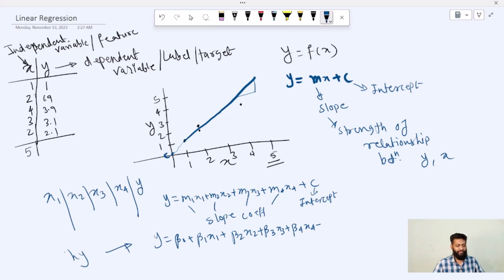This is the equation of a hyperplane. Whenever we have so many dimensions, it will form a hyperplane. But in this case we are assuming that there is a linear relationship between the independent variables and the dependent variable, irrespective of the count of the independent variables.